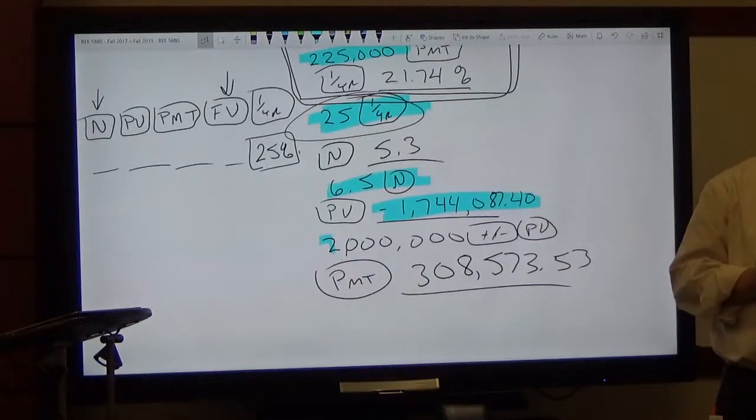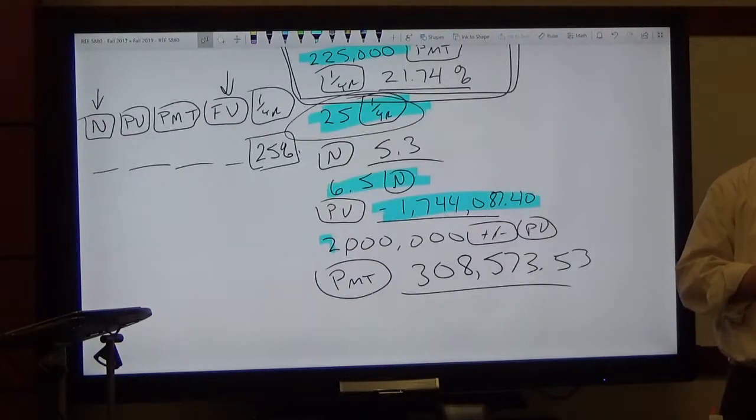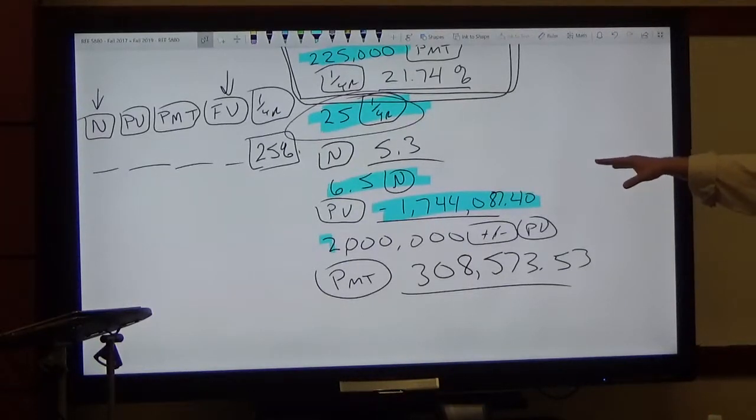But how many of you think you can probably predict what your income is going to be next week or next month? You have a much greater likelihood of being able to predict that, or maybe a year from now. But whenever you start getting out 2, 3, 4, 5, 10 years into the future, it becomes really difficult. Well, the same sort of thing is true with real estate.